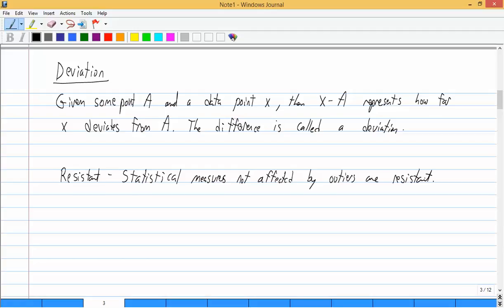So we know that a mean is not resistant because it is affected by an outlier, especially if you think about a test average or a homework average. If you have outliers, then they will affect some statistical measures.